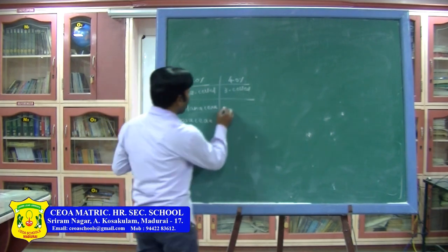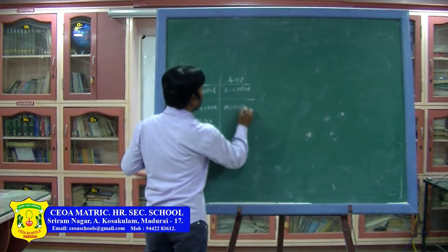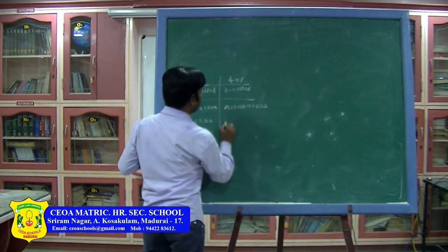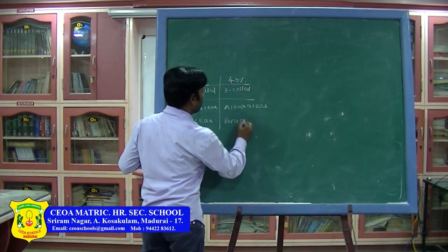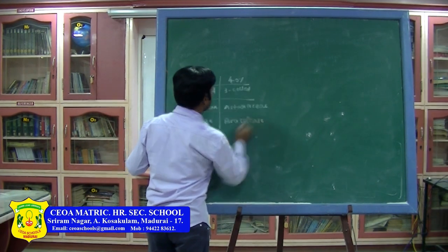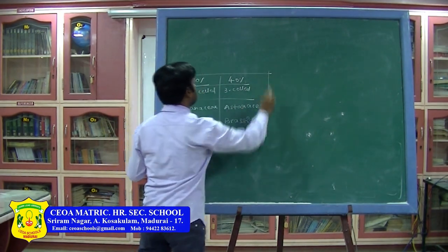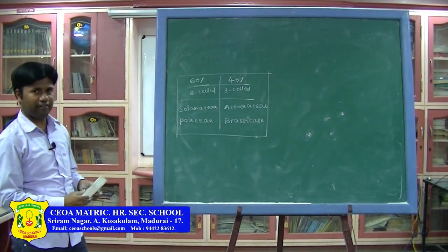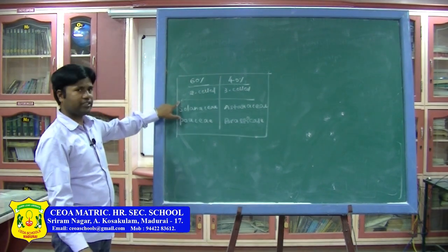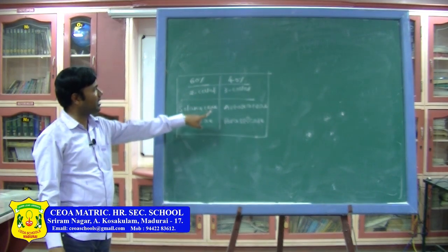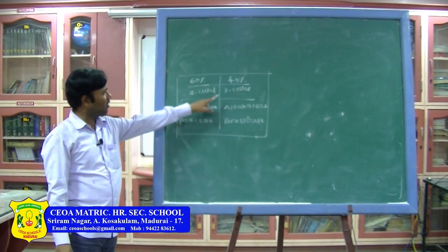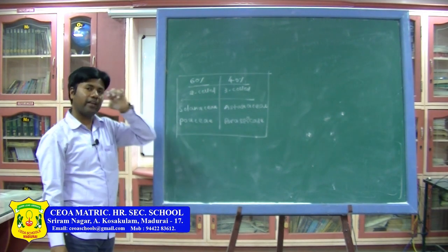Another one is Asteraceae and Brassicaceae. This is also very, very important. 60% of the families shed the pollen grain in the 2-celled stage. 40% of the families shed the pollen grain in the 3-celled stage.